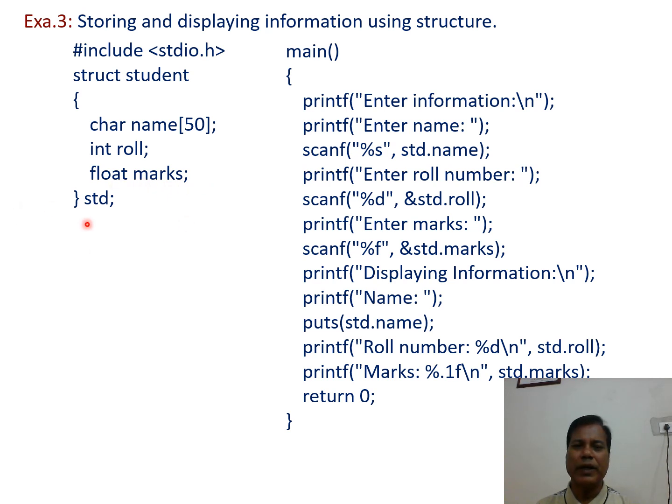And simultaneously we are declaring a structure variable std of type student, and at the end a semicolon. So the structure as well as the structure variable is declared.